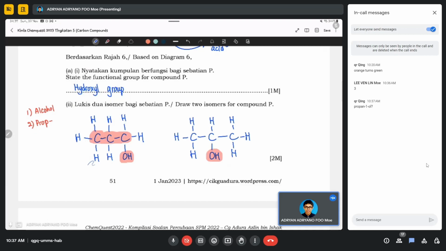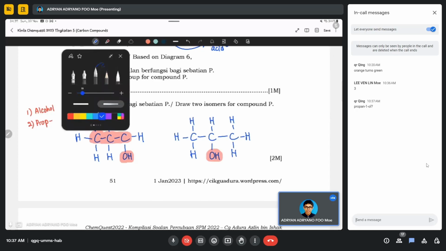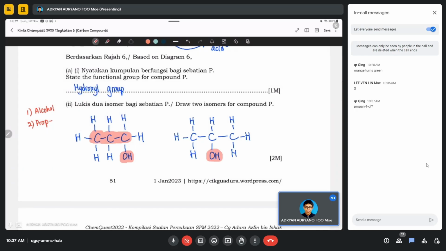So what name do I give the first one? Propan-1-ol, very good. Why 1? Why not 3? As I said, your functional group must be given the lowest carbon number. We can number 1, 2, 3 from left to right or from right to left.